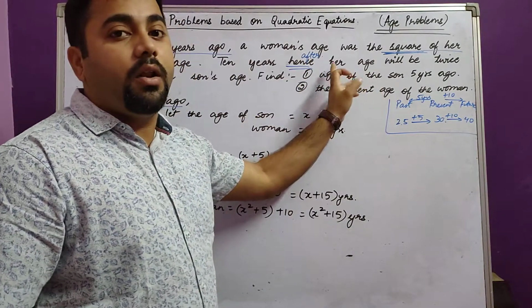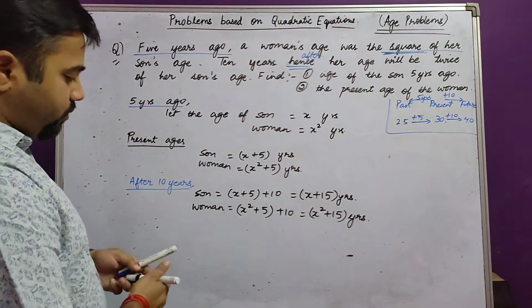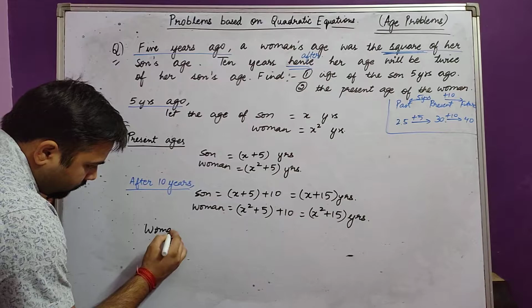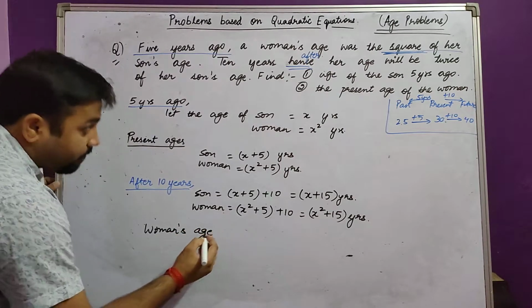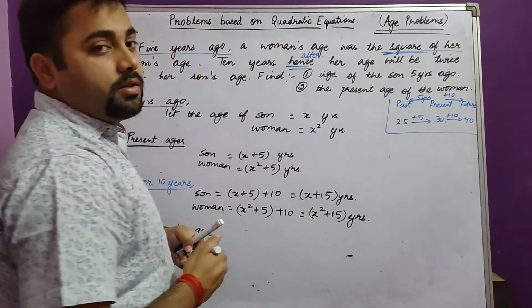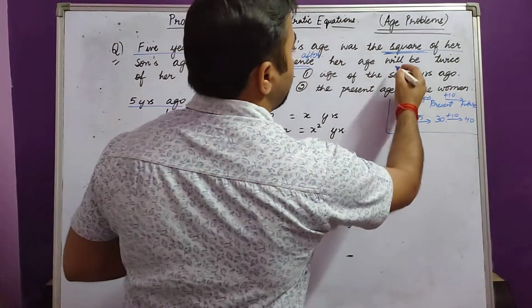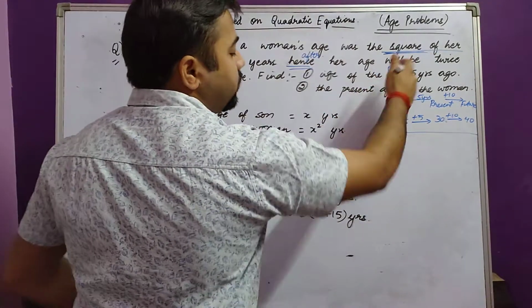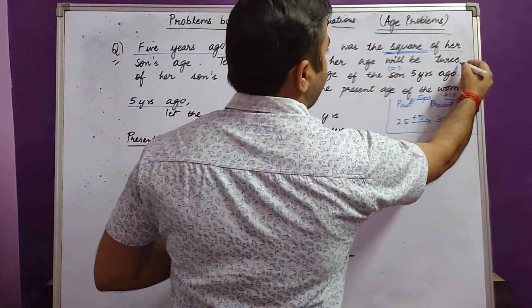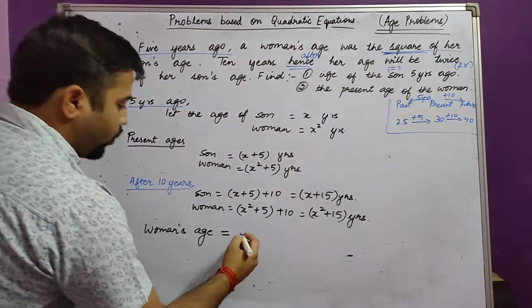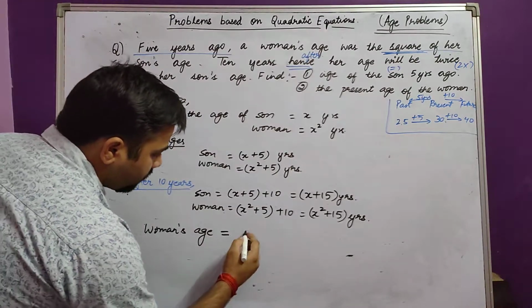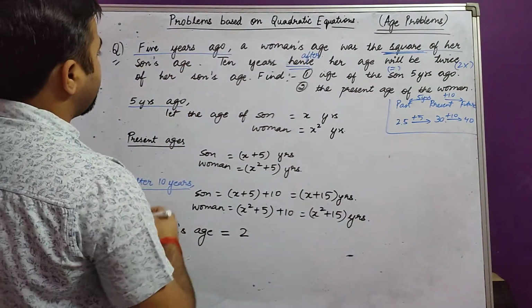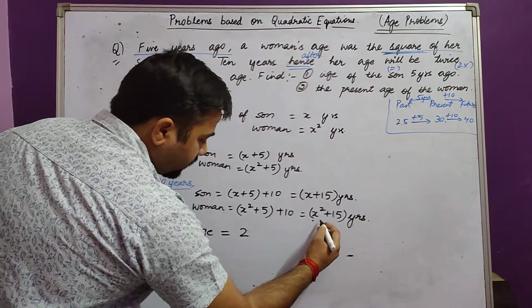Her age. Her refers to the woman over here, and therefore her age, that is woman's age, will be equal to twice, which means to multiply, twice of the son's age.